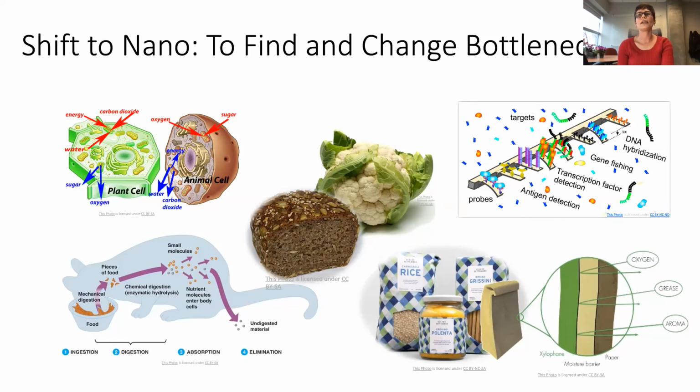And on the right-hand side, I'm showing genetic modifications of crops so they become pest resistant, produce more of the components that you want, and have a longer shelf life and so forth. So these are some of the examples where nanotechnology can help.